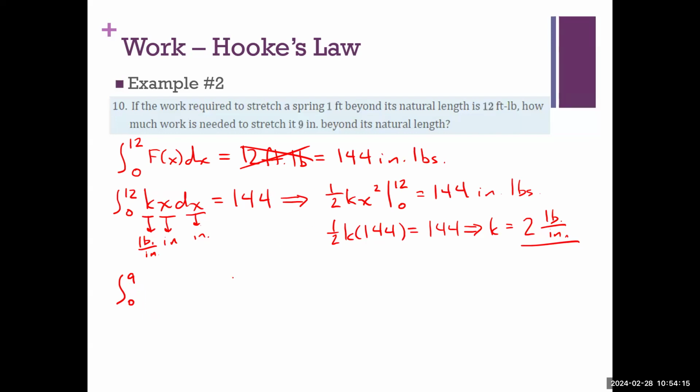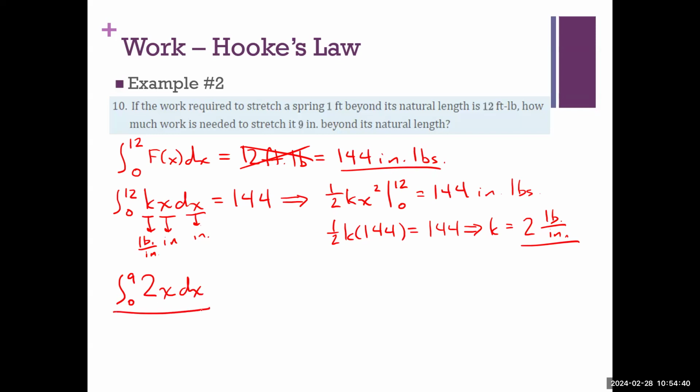So do we have any predictions for what this work should be? Or is there anything we can say about it before we calculate it? We know that extending it a full foot was 144 inch-pounds, right? So how much less, we're not sure, but it should be less, right?